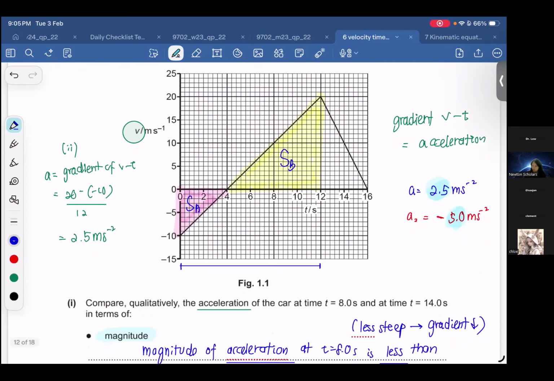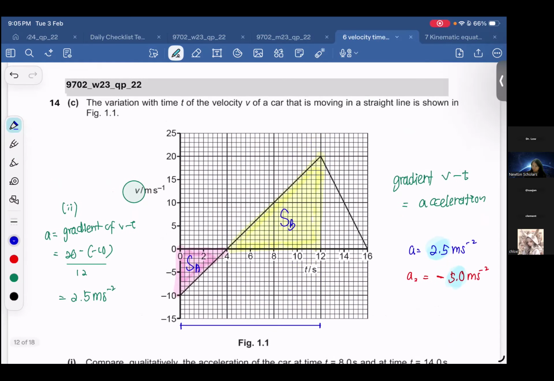Okay, so let's say this one is point x, starting from point x somewhere here, moving to the left. Then after that, it goes to time t equals 4 and changes direction.